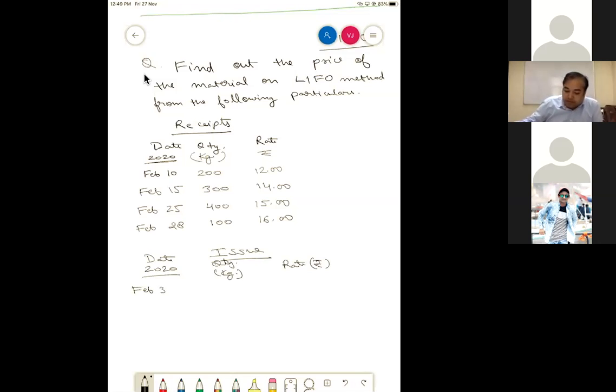So issue was being made on Feb 3. So rate we don't know at what rate we would be issuing. This we have to find it out. Now quantity, that first issue was of 300 kg. Then on February 12, 100 kg.